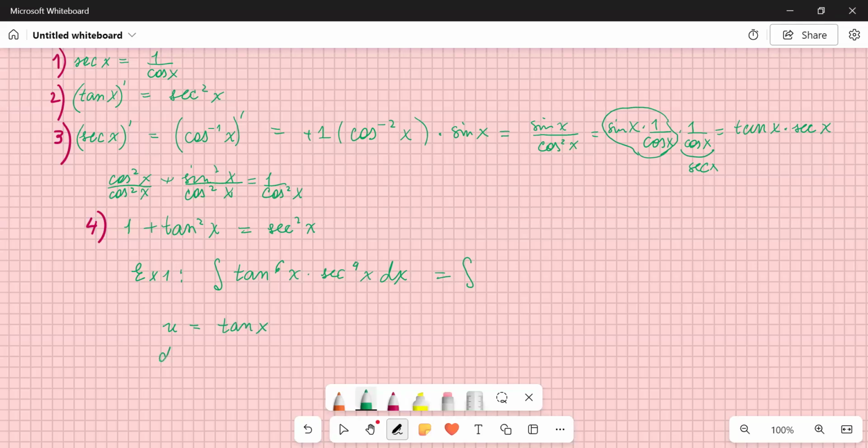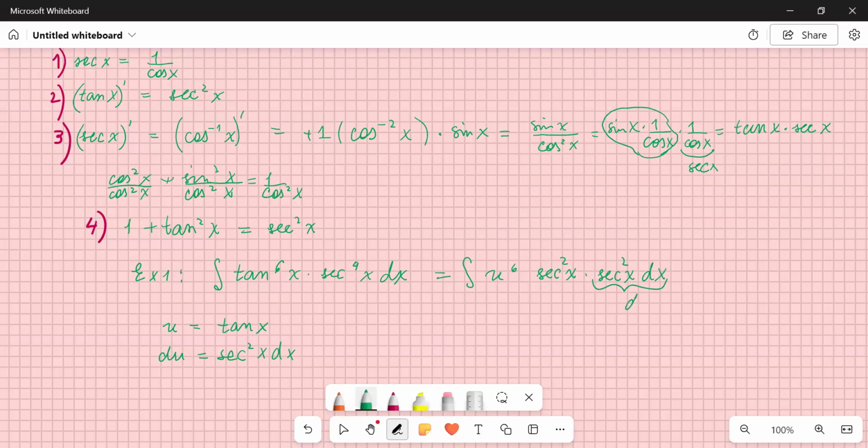So u equals tangent, du equals secant square of x dx. Secant square, the derivative, dx, right? So what I have is u to the power of 6 instead of tangent to the power of 6. Secant to the power of 4 is going to give me, I'm going to write it down, secant square and secant square dx.